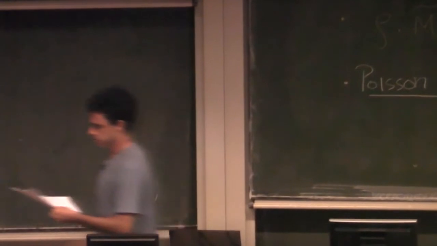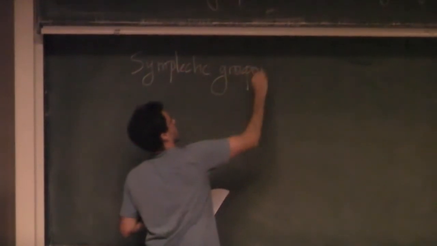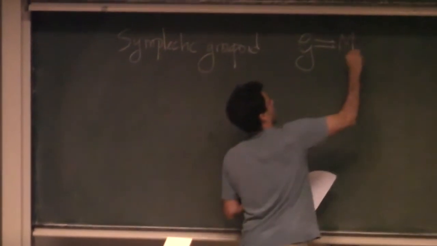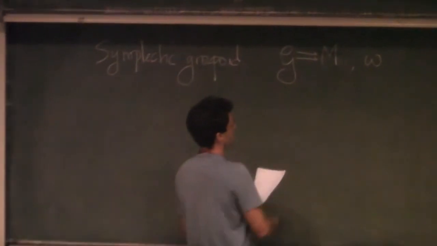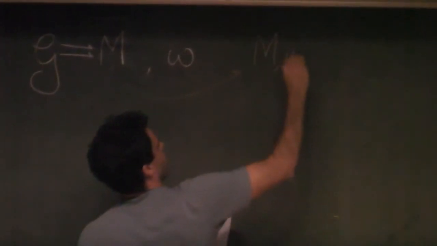Okay, so let me try to clarify that. The key point is this. If you have a symplectic groupoid with the symplectic structure, as we saw, there is an induced Poisson structure on the base. So now you have two algebroids around.